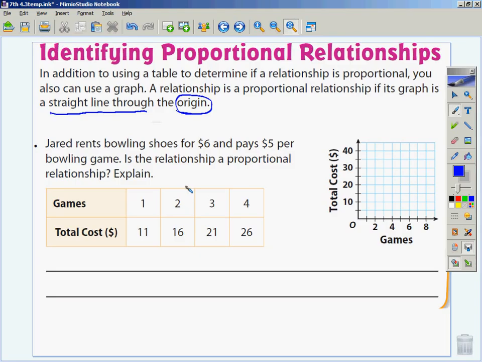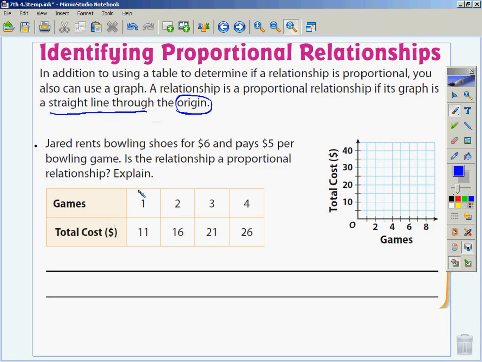If they give you a graph and they ask you if it's proportional, all you have to do is make sure that the line is straight and it passes through the origin. If it's not straight or it doesn't pass through the origin, it's not proportional. Are you okay with that?